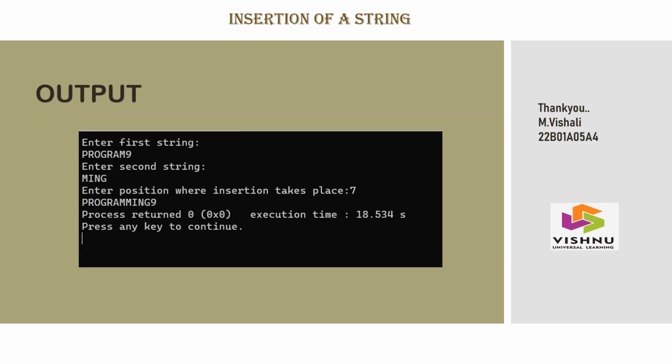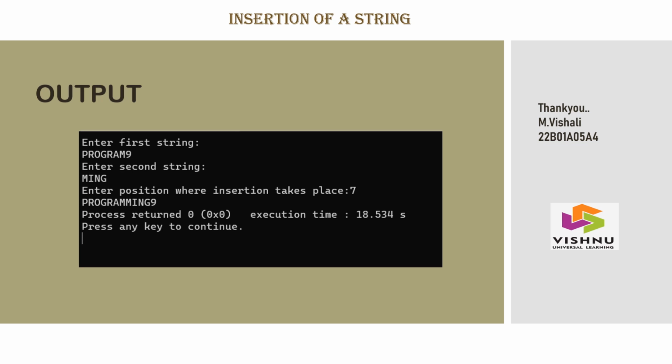Here comes the output. The compiler asks the user to enter first string. Let's take the first string as PROGRAM9 and the second string as MING. Now it asks to enter the position where insertion takes place. Let the position be 7. Now the substring MING will be inserted in the main string PROGRAM9 in 7th position.